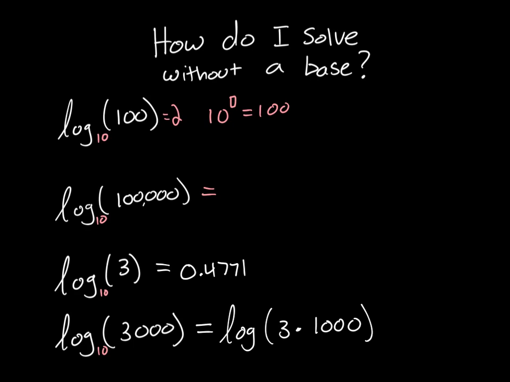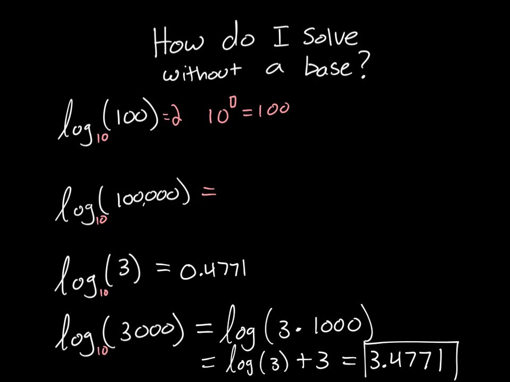So this is really log of 3 plus 3, because log of 1,000 is 3. And that ends up being 3.4771. So long as I'm given log of 3, I can figure out log of 3,000. There will be other videos that help us understand this concept a little bit more, but our major understanding should be of the logarithm.